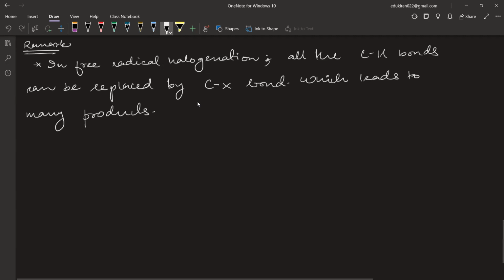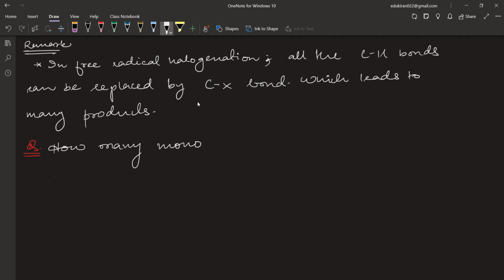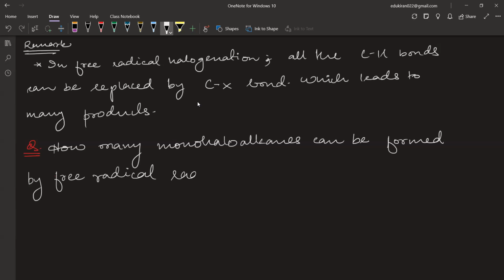Now write a question. This is the second type of question that can come. How many monohaloalkanes can be formed by free radical halogenation of this alkane? We have CH3 twice.